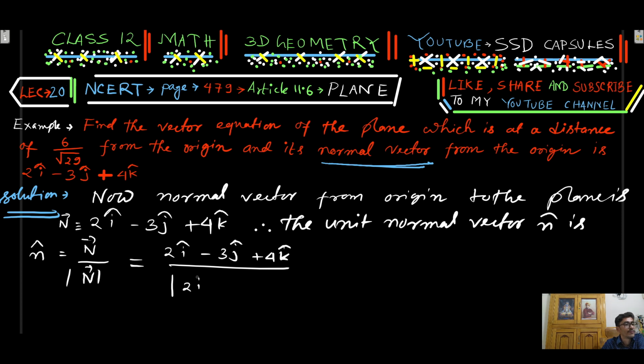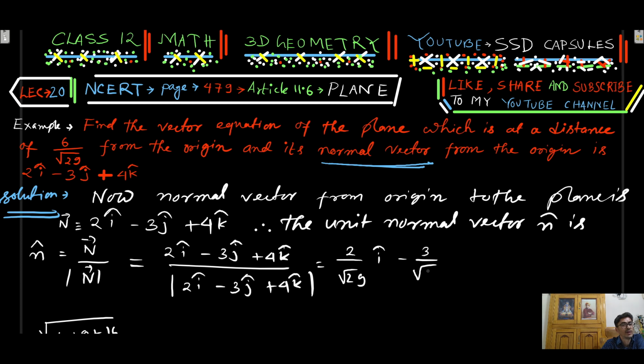So 2i cap minus 3j cap plus 4k cap. What is the magnitude? Root of 4 plus 9 plus 16, which is 29. So n cap is 2 by root 29 i cap minus 3 by root 29 j cap plus 4 by root 29 k cap. Therefore we have derived n cap.